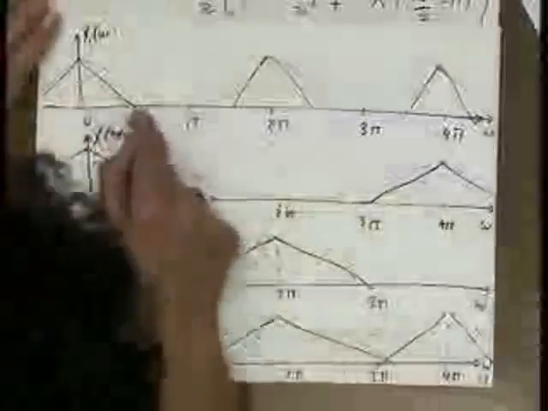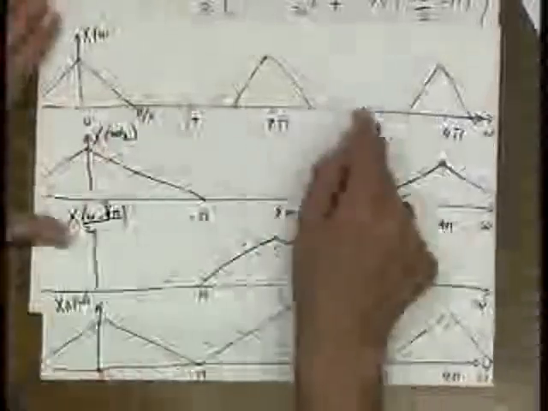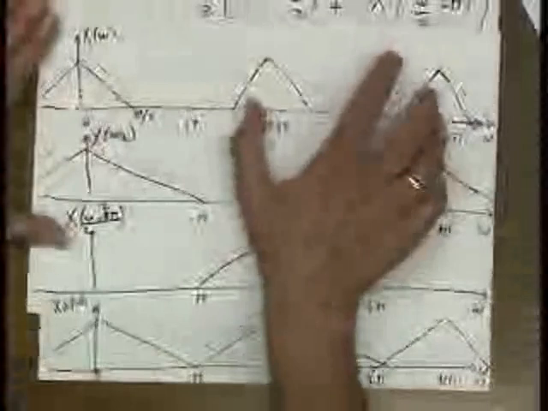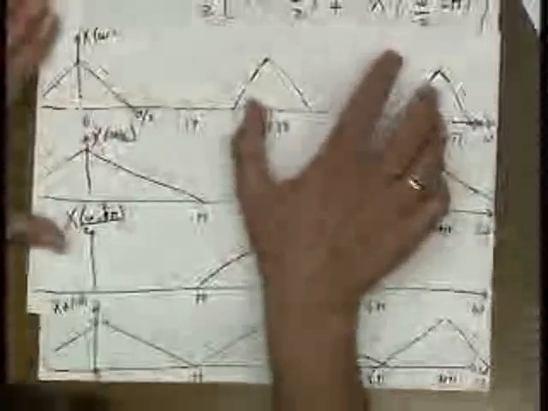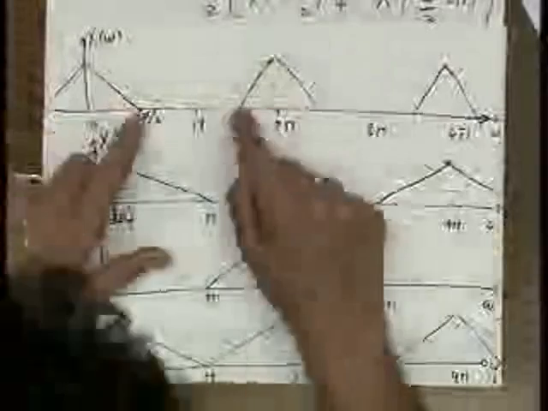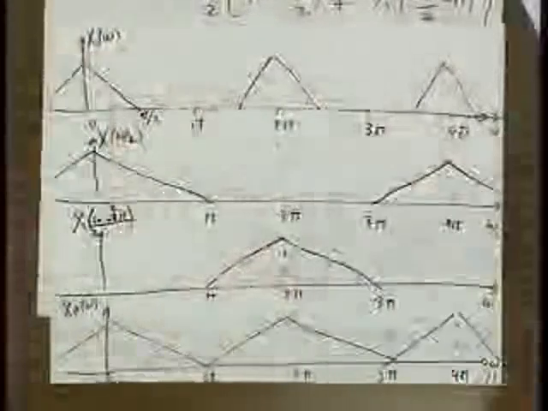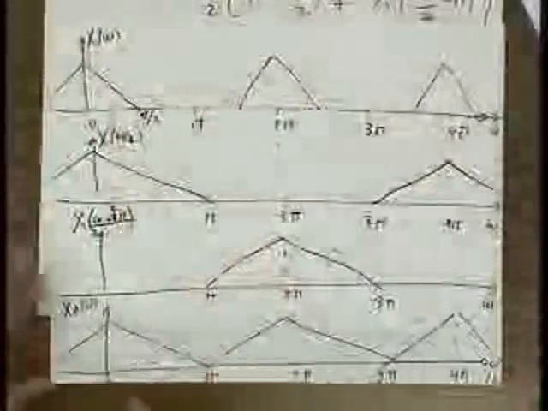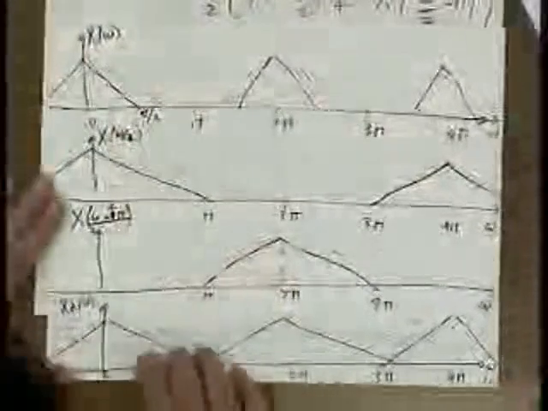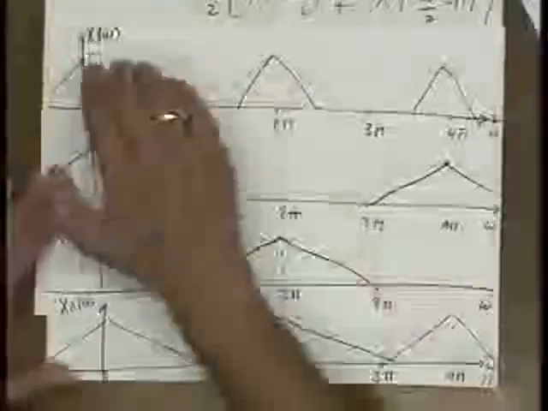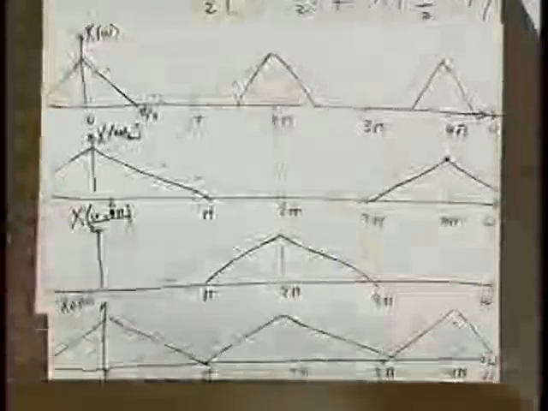There was plenty of room between this point and that point. It was oversampled in some way, right? It wasn't critically sampled. Critically sampled means when these things are touching each other. If x of omega was critically sampled, then downsampling it would make you lose information, and give you an x sub d of omega that would make you unable to recover x of omega from it. Does that make any sense?